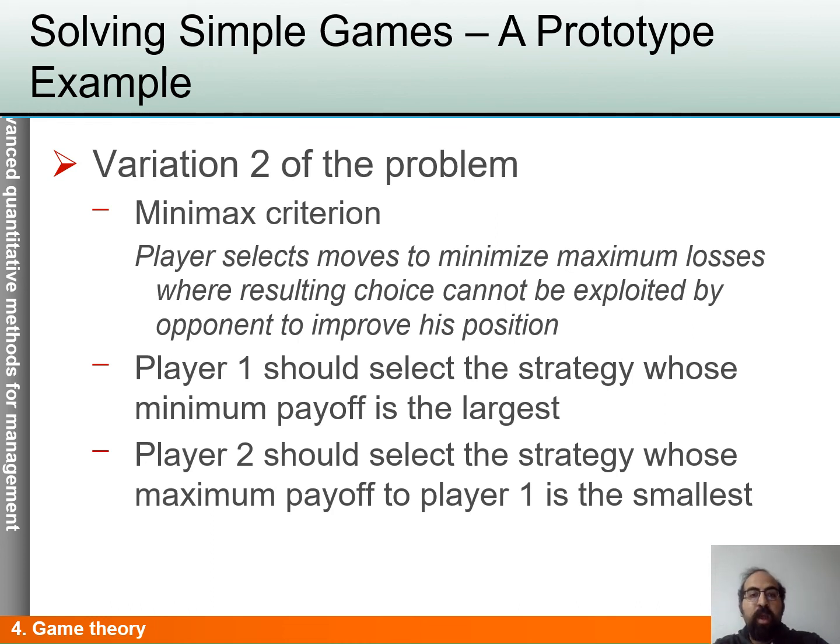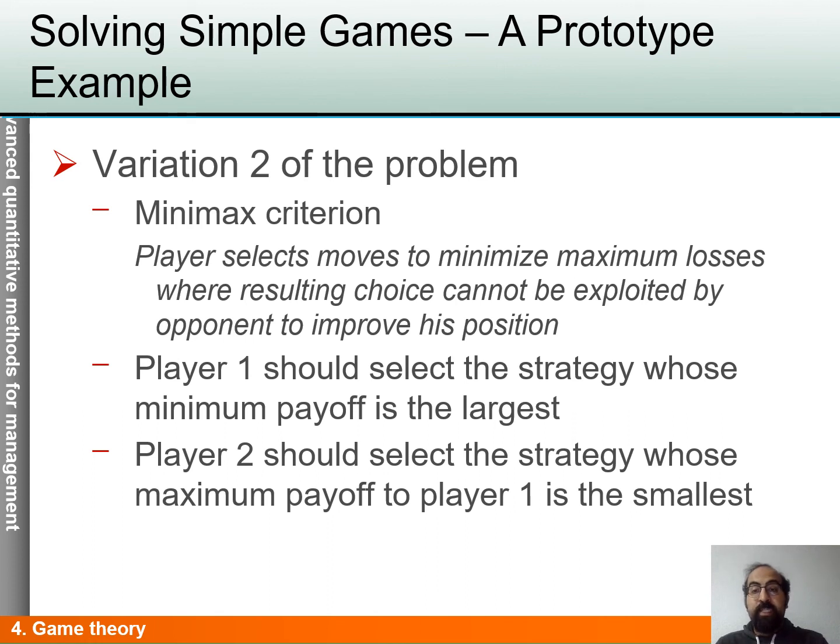Just review them rapidly. The minimax criterion that I told you: players select moves to minimize the maximum losses, okay? They want to minimize the losses when the resulting choices cannot be exploited by the opponent to improve his position, okay? So both opponents are happy with the position.